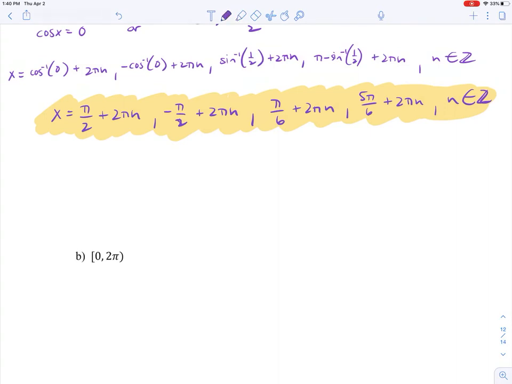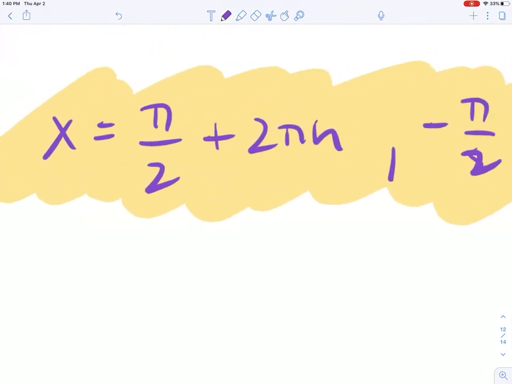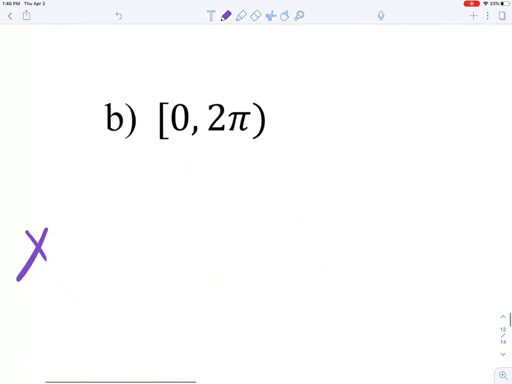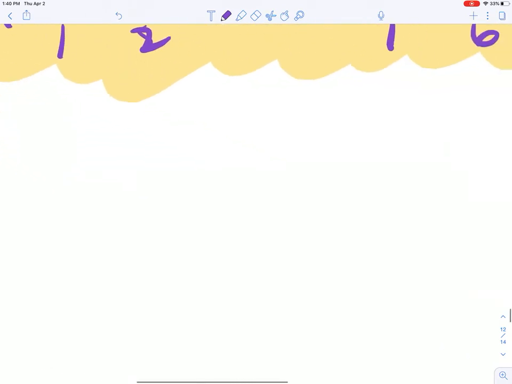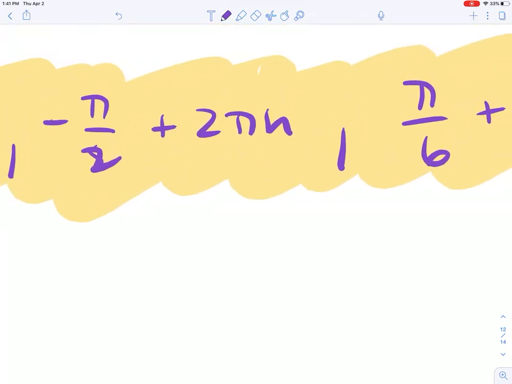So that's our general solution set to the equation, and we can use that general solution set to come up with the solutions between 0 and 2 pi. So looking at this first piece, if n were equal to 0, we would have pi over 2. If n were equal to 1, that would be plus 2 pi, which would be outside of the interval.